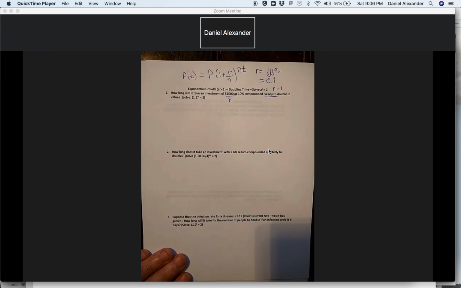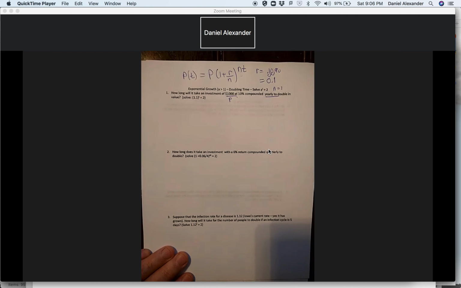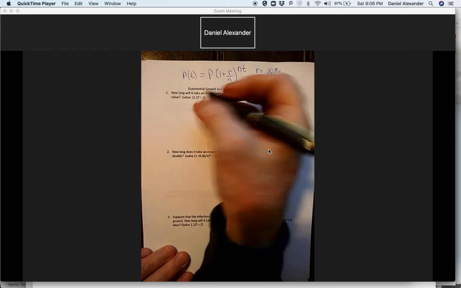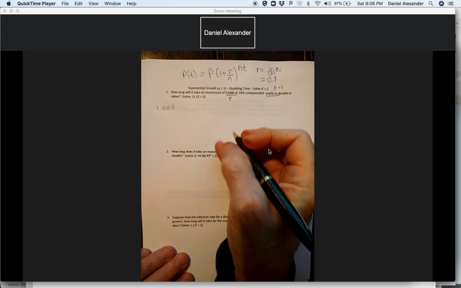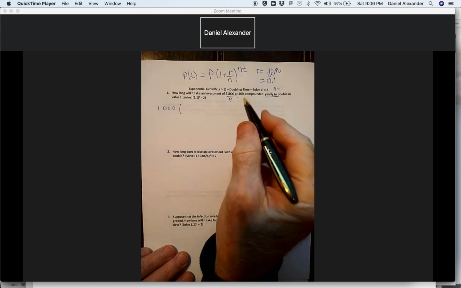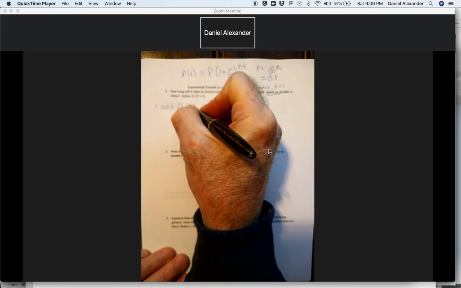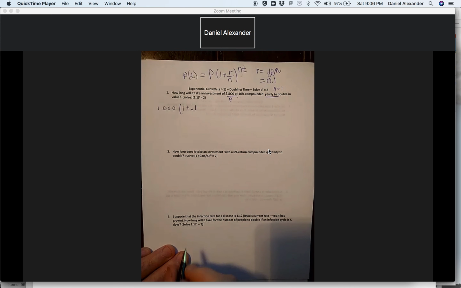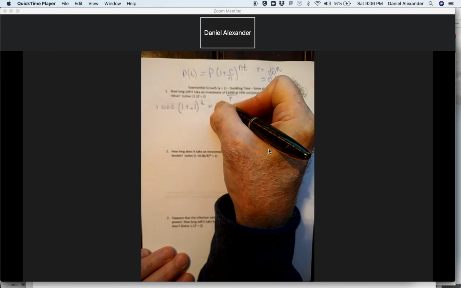Since this is doubling, I'm going to set that equal to 2,000 and solve it. So here we go. I'm going to solve 1,000 times 1 plus 0.1 over 1, I'm not going to bother to write that, to the t, equaling 2,000.